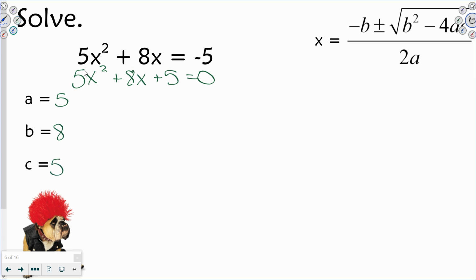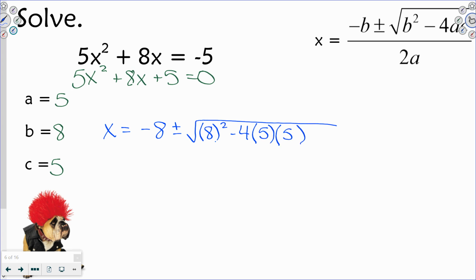So let's plug it in. X equals negative b, it's negative 8, plus or minus the square root of b squared, it's going to be 8 squared, minus 4 times a, which is 5, c, which is 5, all over 2 times a, which is 5.